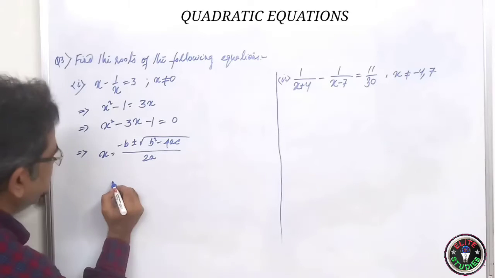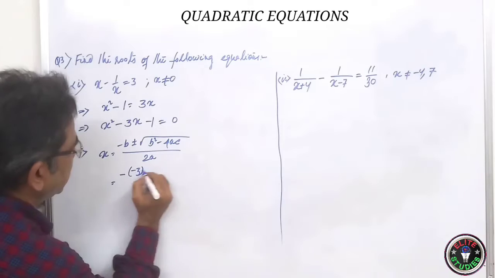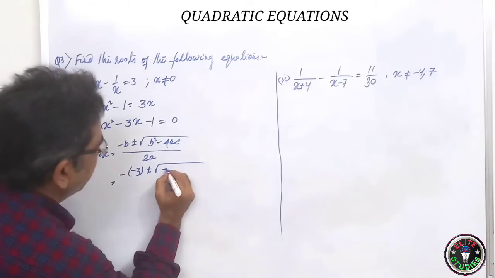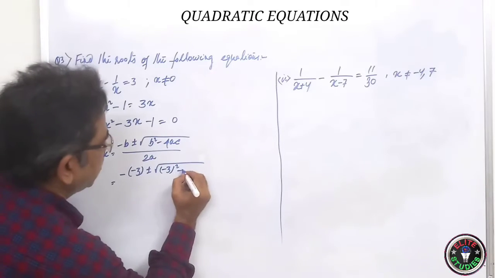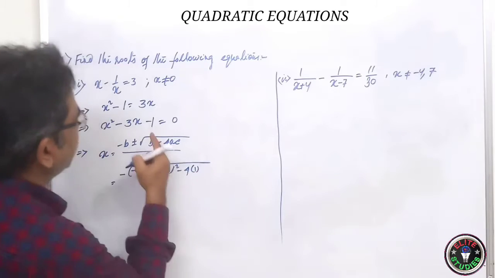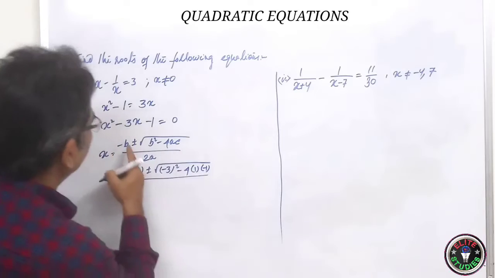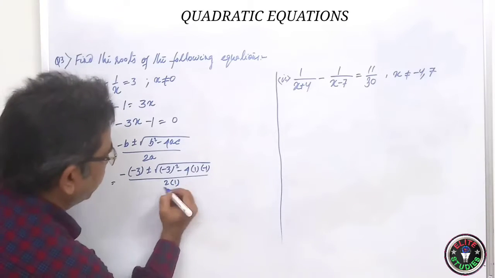So we will put it directly, minus, what is b? Minus minus 3, plus minus root over of b square, it is minus 3 whole square, minus 4, a is how much? 1, and what is c? c is minus 1, by 2a, means 2 times 1.